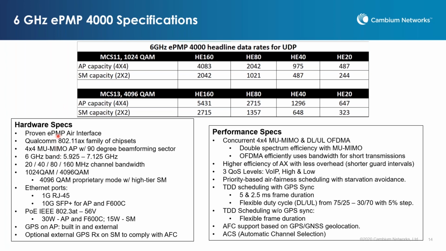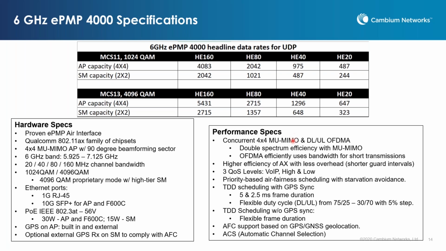Hardware specs, I won't go through this, but we kind of covered this a little bit in the earlier details. From a performance perspective, I just wanted to highlight that you've got a 4x4 MU-MIMO with downlink and uplink OFDMA, and you have uplink MU-MIMO that's also on the roadmap, and we're going to work on that. And overall, significantly better efficiency in throughput.